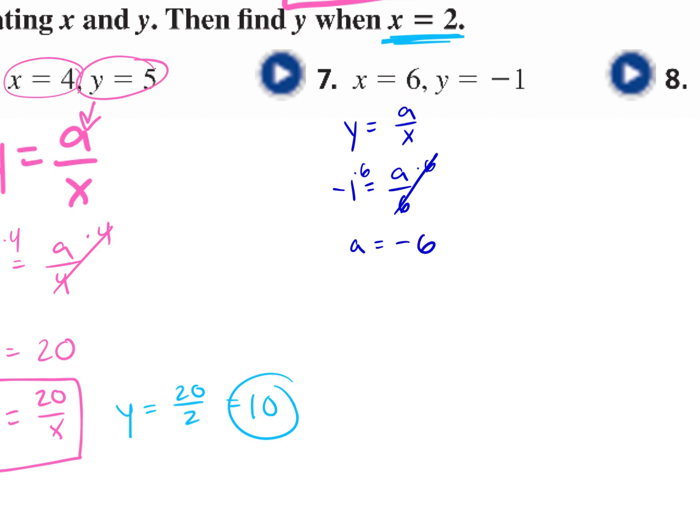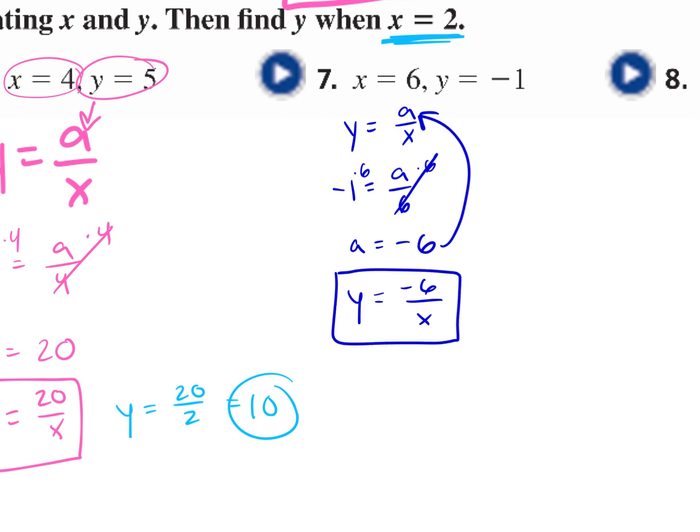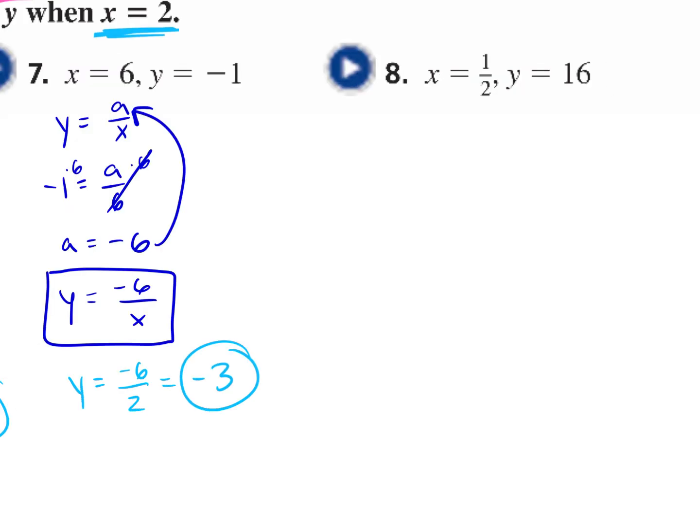So what does a equal? Negative 6. What do I do with a? Plug it in. So y is equal to negative 6 over x. So this is our equation. That's one answer. Then I plug in 2. So y is equal to negative 6 over 2. Negative 3. Awesome.